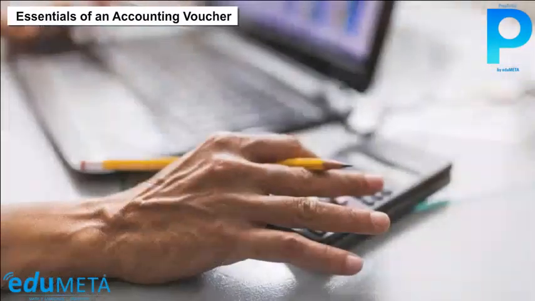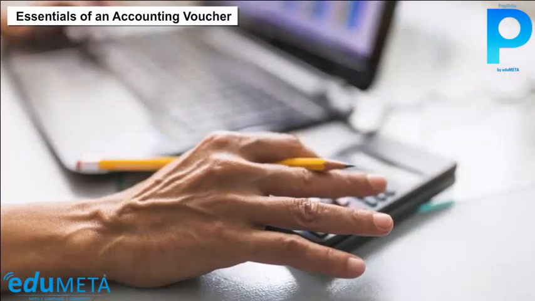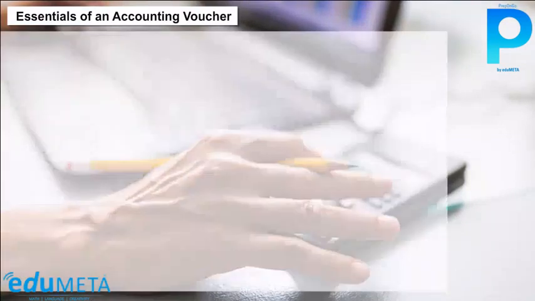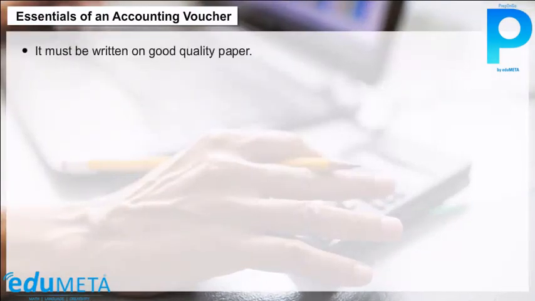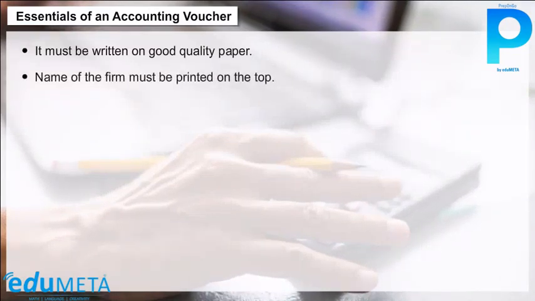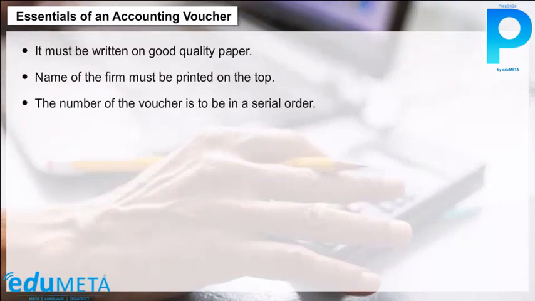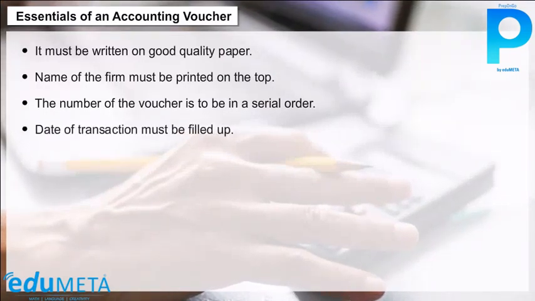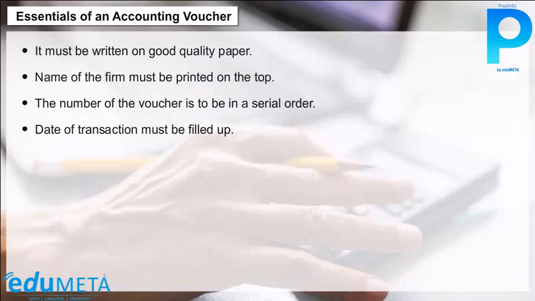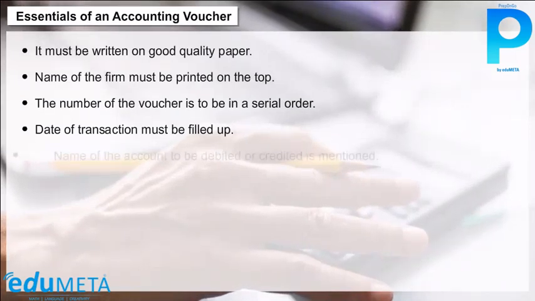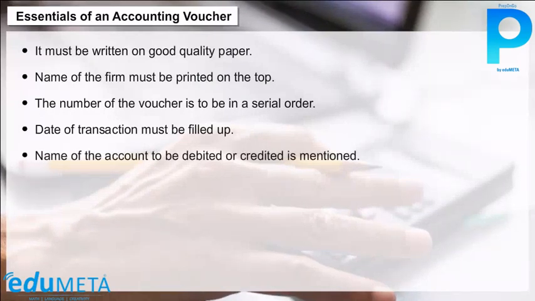Essentials of an accounting voucher. An accounting voucher must contain the following essential elements. It must be written on good quality paper, the name of the firm must be printed on the top, and the number of the voucher is to be in serial order. The date of transaction must be filled in against the date, and not the date of recording of the transaction. The name of the account to be debited or credited is mentioned.